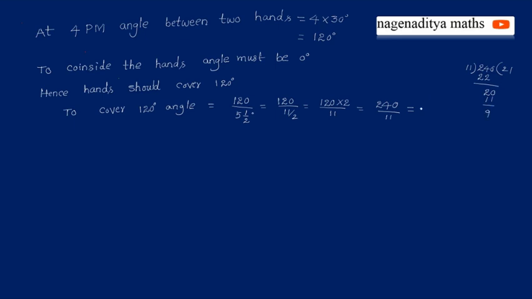So we write it as a mixed fraction: 21 9/11 minutes. That means at 4 hours 21 9/11 minutes the two hands coincide.